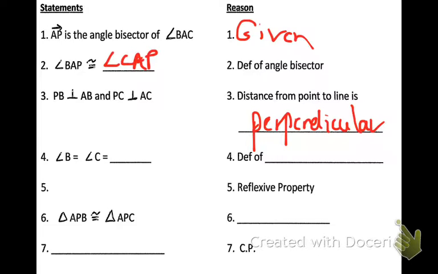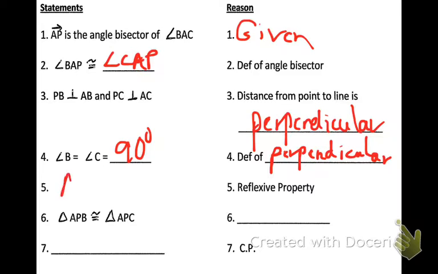Alright, step 4. Angle B equals angle C equals 90. They equal 90. How do I know that? Sam? Definition of perpendicular. What do I know by reflexive property? Eli?